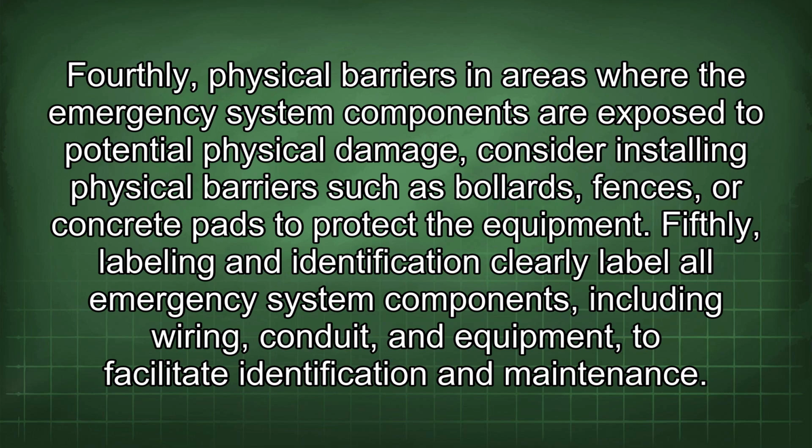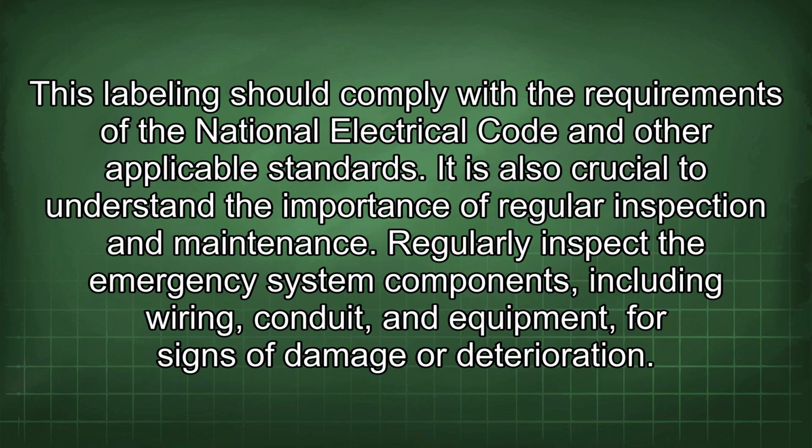Fifthly, labeling and identification. Clearly label all emergency system components, including wiring, conduit, and equipment, to facilitate identification and maintenance. This labeling should comply with the requirements of the National Electrical Code and other applicable standards.